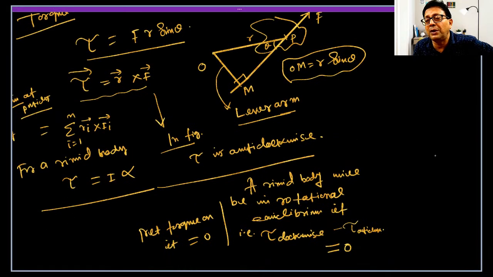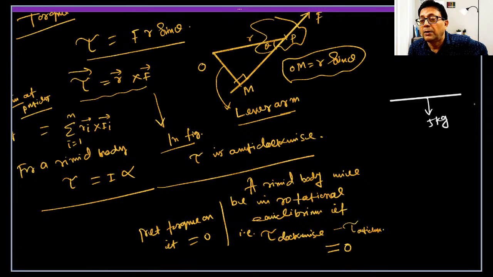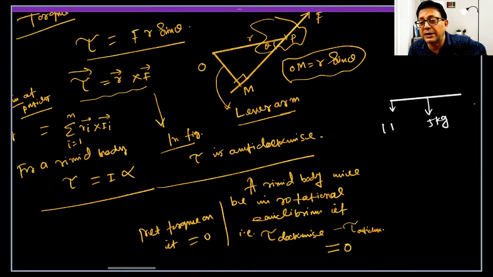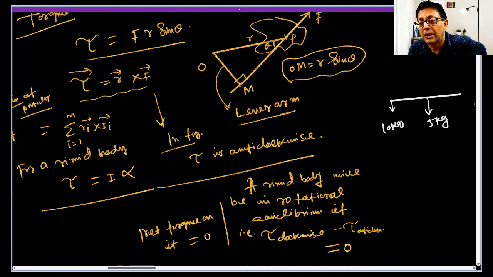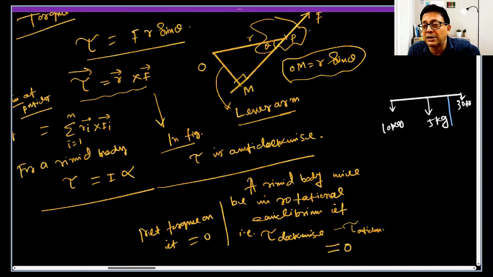Suppose you want to keep this rod, whose weight is say 5 kilogram, and two weights of different masses are acting. This is 10 kg and this is say 30 kg at the ends. Can you keep it in equilibrium? You can't. But if you put another support here at this point, then there is a chance.